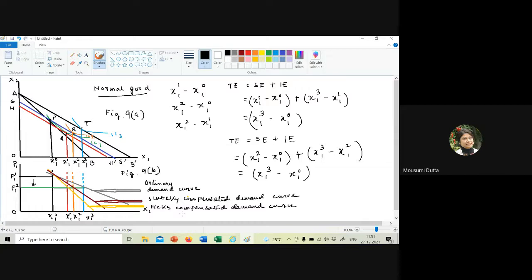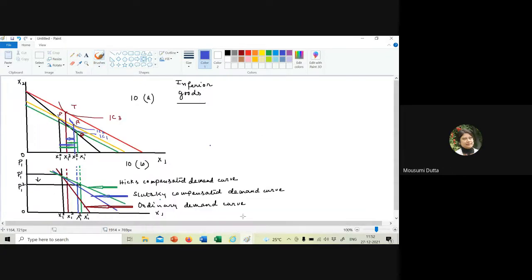Is the Hicks intercept greater than Slutsky, or is the Slutsky intercept greater than Hicks? Look at the vertical intercept. Ma'am, Slutsky is greater. For all three cases, yes, ma'am. Now you have the diagrams with you for all three cases.